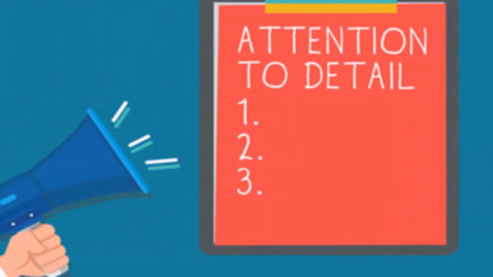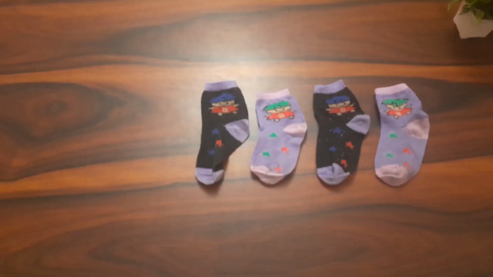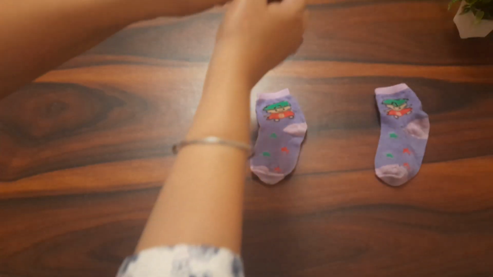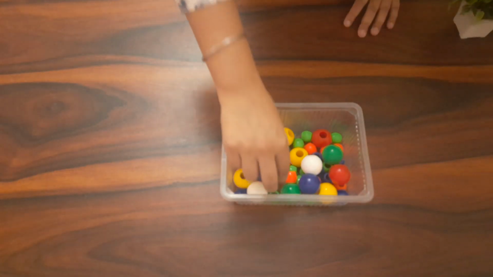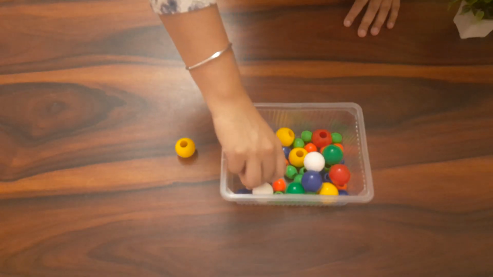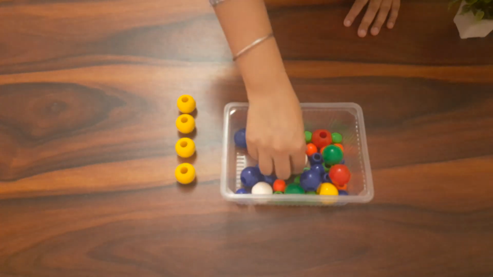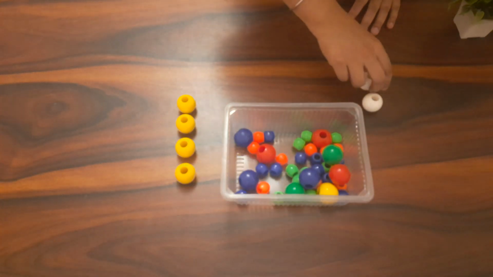So at home, if we are trying to match our clothes, our socks or even shoes, that is visual discrimination. If during play kids are trying to differentiate or sort beads or coins together, that is also visual discrimination.